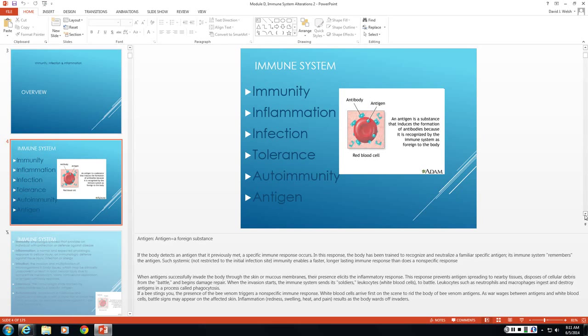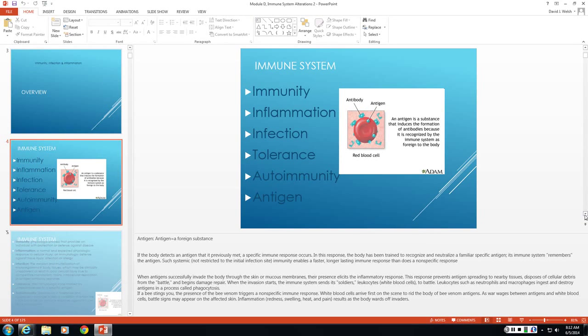So the immune system is made up of several different things. It encompasses immunity, inflammation, infection, tolerance, autoimmunity, and antigens. Now, an antigen is a substance that induces the formation of antibodies because it's recognized by the immune system as foreign to the body.